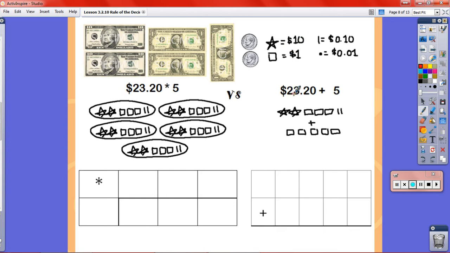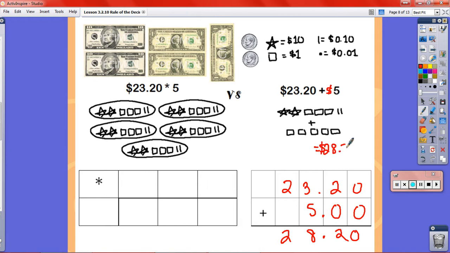And what I have is 2320 plus $5. The dollars still line up. You can see from the picture that the only thing that changes is we add more squares, more dollars, so everything else stays the same. So it's going to be $28.20.